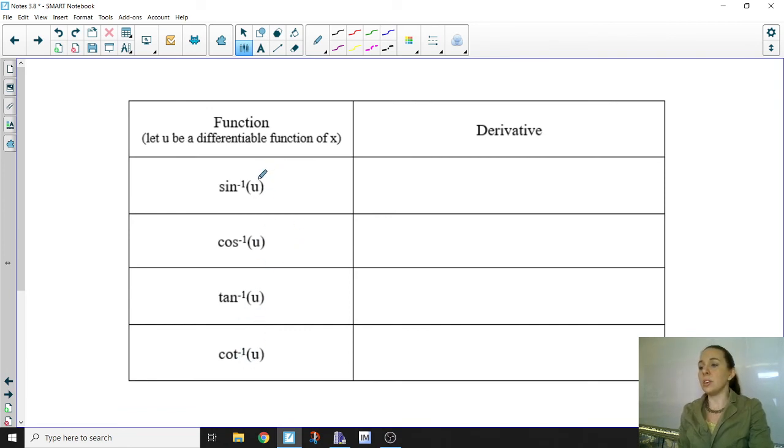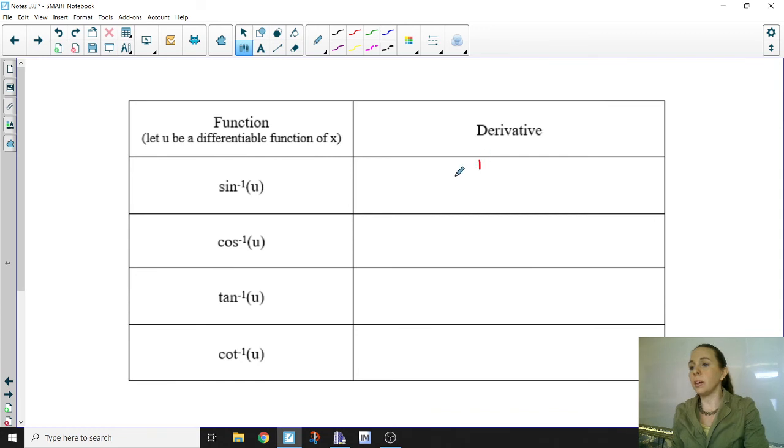Now, I put this in u form, meaning u is a differentiable function of x, and that just is going to show that usually when we differentiate these inverse trig functions, we need to use chain rule. So if we have inverse sine of u, the derivative is, I'm going to use my red because that's what I've been using for inverse sine.